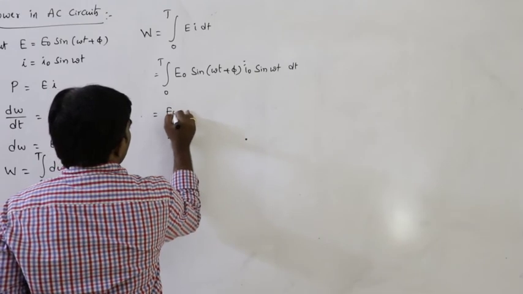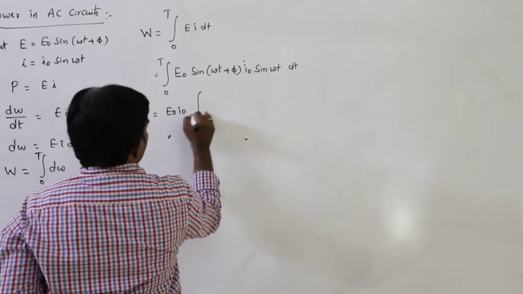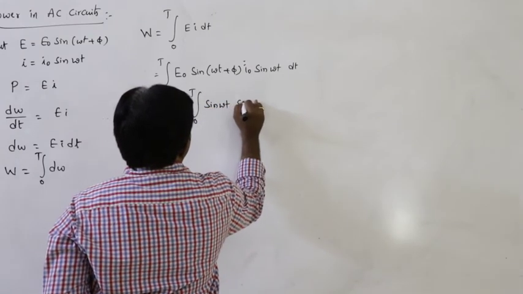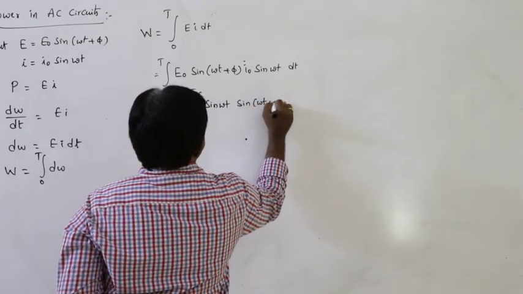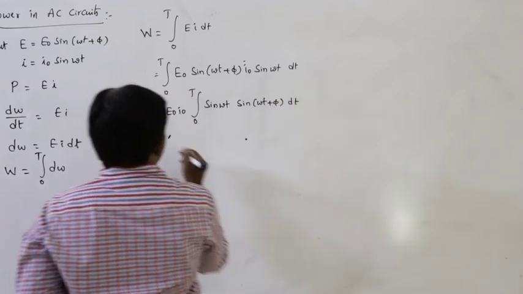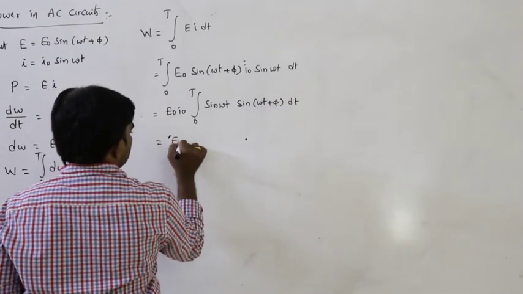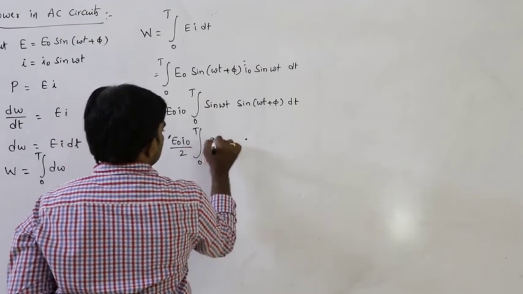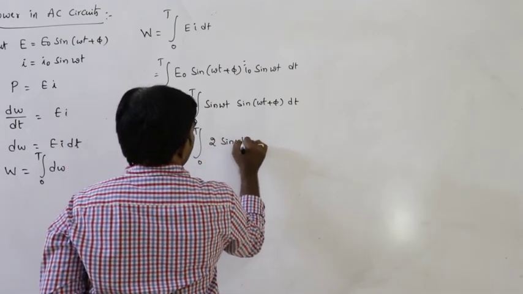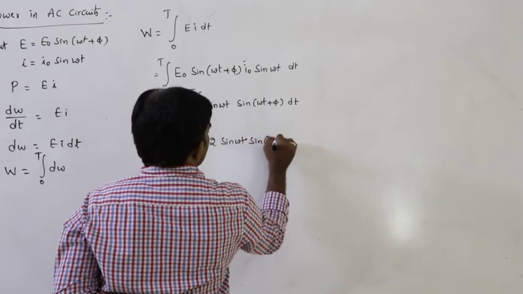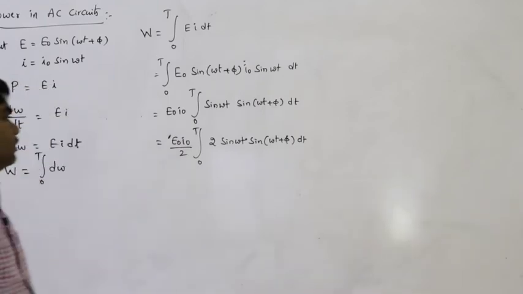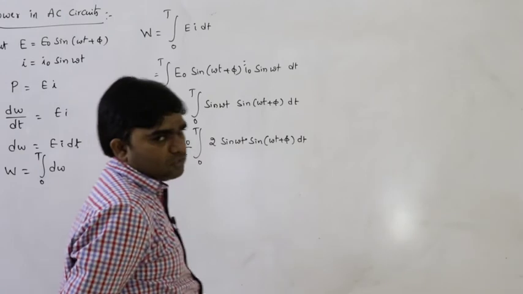So that is, E naught I naught comes out, integral of 0 to T sine omega t sine of omega t plus phi dt. Let us multiply and divide with 2: E naught I naught by 2 integral of 0 to T of 2 sine omega t sine of omega t plus phi dt.